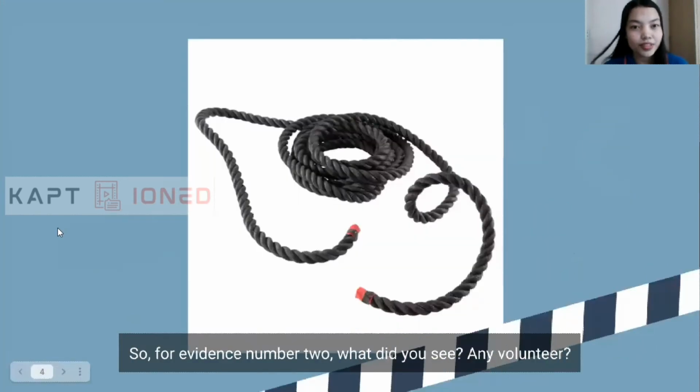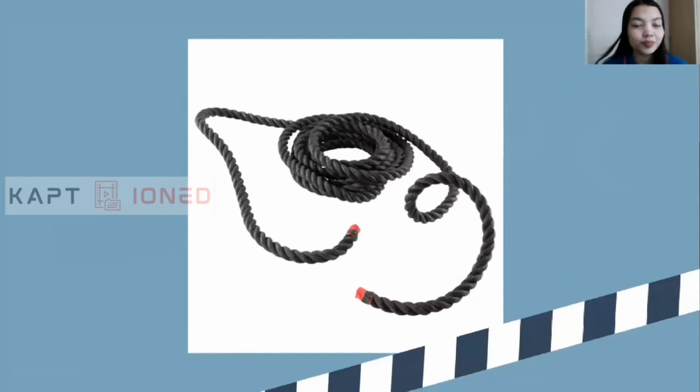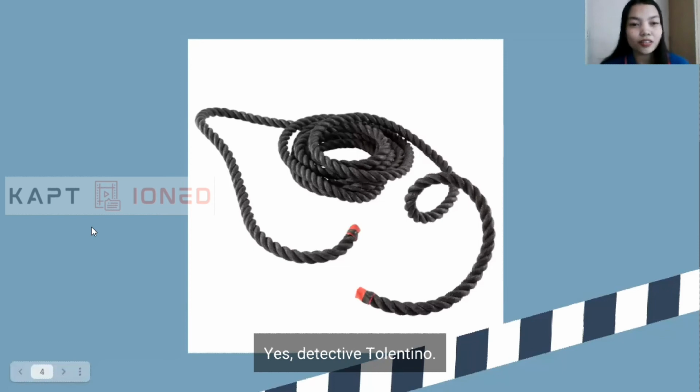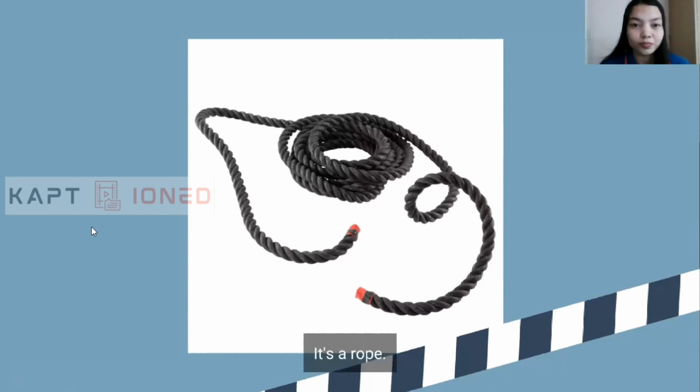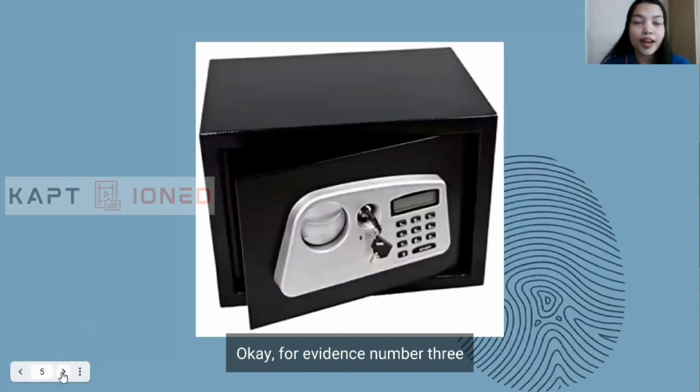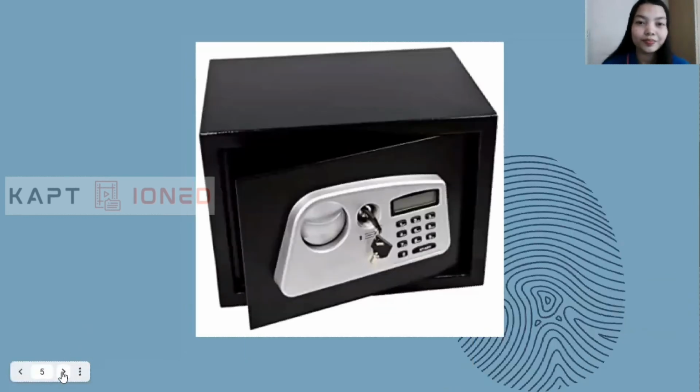For evidence number 2, what did you see? Any volunteer? Ma'am, it's a rope po. Yes, a rope. Okay. For evidence number 3, any volunteer?